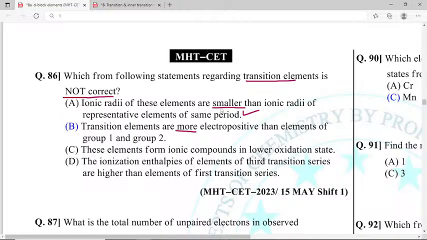This is incorrect. These elements form ionic compounds in lower oxidation states. Yes, it is correct. The ionization enthalpies of elements of the third transition series are higher than elements of the first transition series. Yes, it is correct.